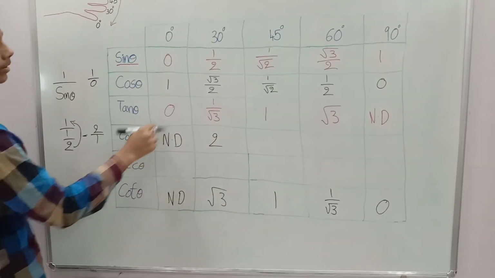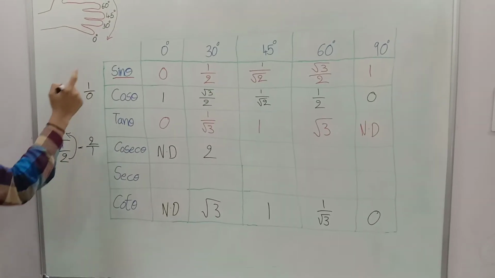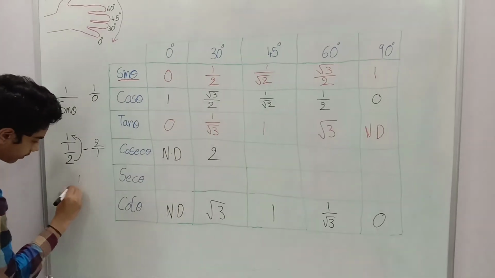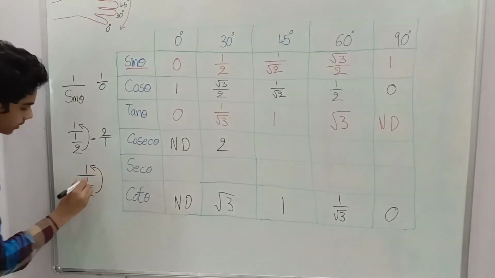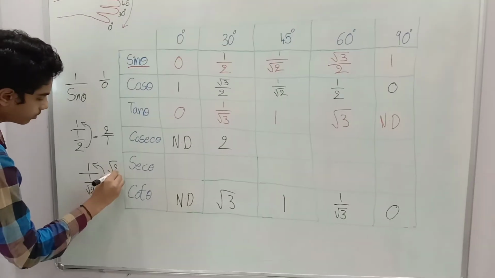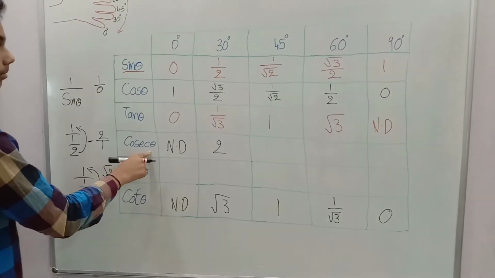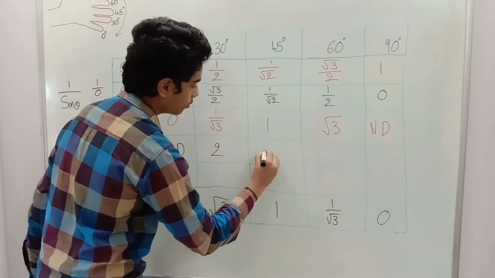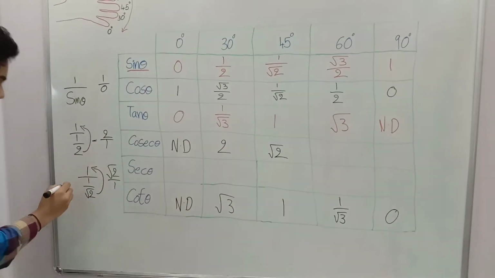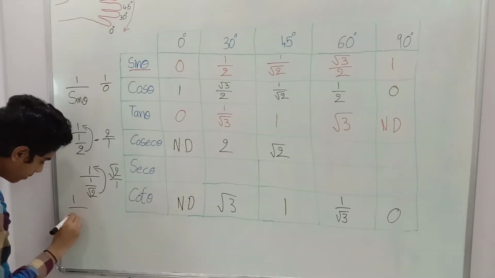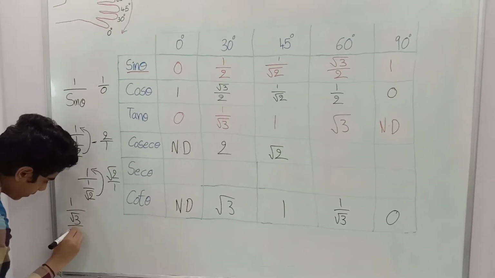Now cosecant 45, that is 1 by sin 45. 1 by 1 by root 2. If you bring this root 2 up, this will become root 2 by 1. So cosecant 45 is root 2. Now cosecant 60, that is 1 by sin 60, that is 1 by root 3 by 2.